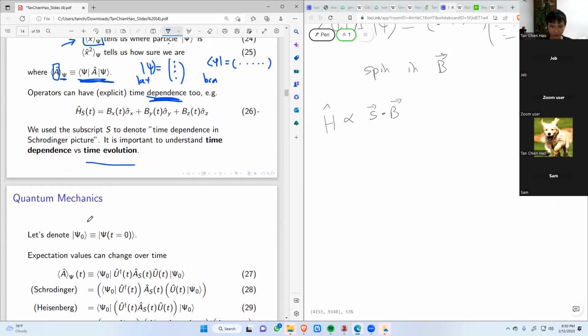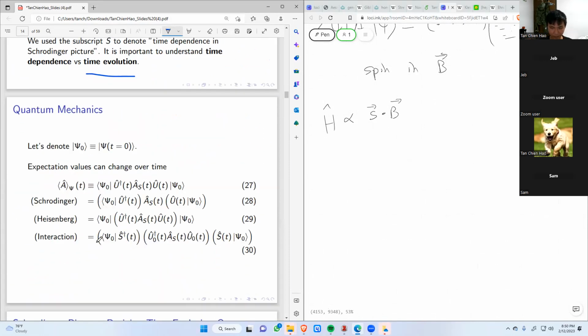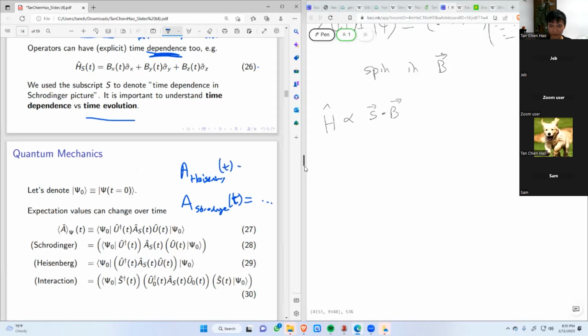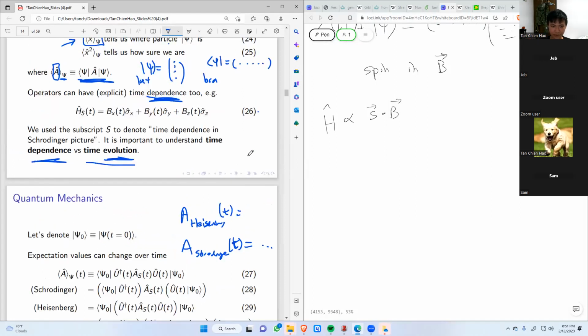If you have tried to read about the three quantum pictures by yourself, you may often be confused by the notation, with some operator A subscript H, representing Heisenberg, and some operator A subscript Schrodinger. If the Schrodinger picture has some time dependence, then isn't the Heisenberg picture already a function of time? It'll be very confusing if you do not notice the difference between time dependence and time evolution. That's what I mainly gained from preparing these notes.